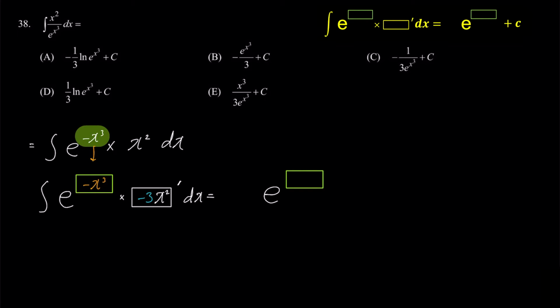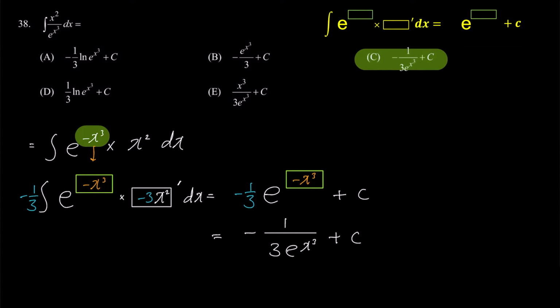Since negative 3 was multiplied, we divided by negative 3 again. We also divided the right side by negative 3 and filled the green box with negative x cubed. There doesn't seem to be a similar answer, so let's try moving the exponential function to the denominator and eliminating the negative sign. Then the answer looks like C.